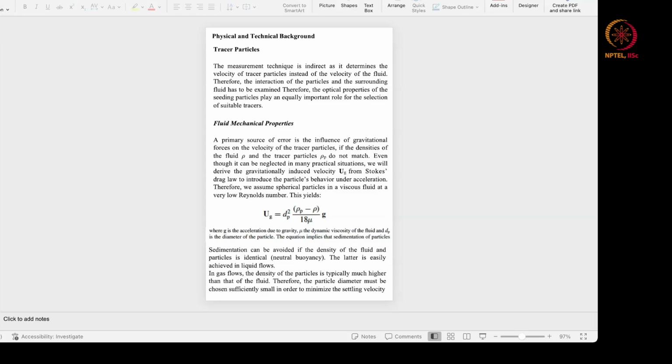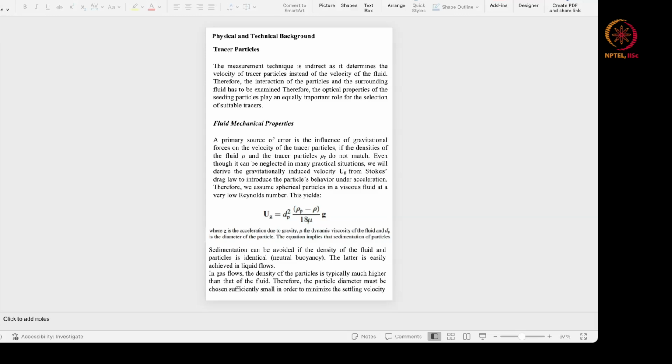The primary source of error is the influence of gravitational force on the velocity of the tracer particles, because these are particles. They have some weight. As a result, there is a gravitational pull, and the particles may actually sediment.